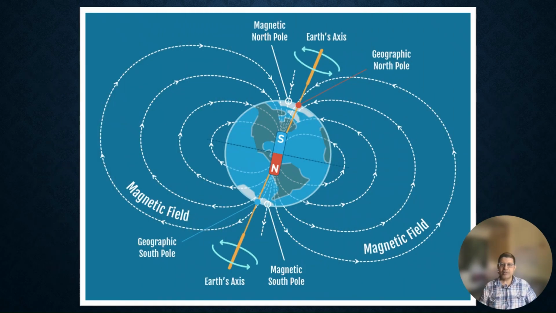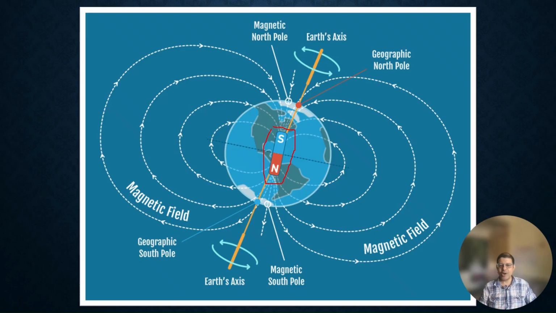So this is the Earth. This is our Earth where we live, right? And the Earth is a bar magnet. What are you telling me, sir? The Earth is a bar magnet. Yes, the Earth behaves like a bar magnet.